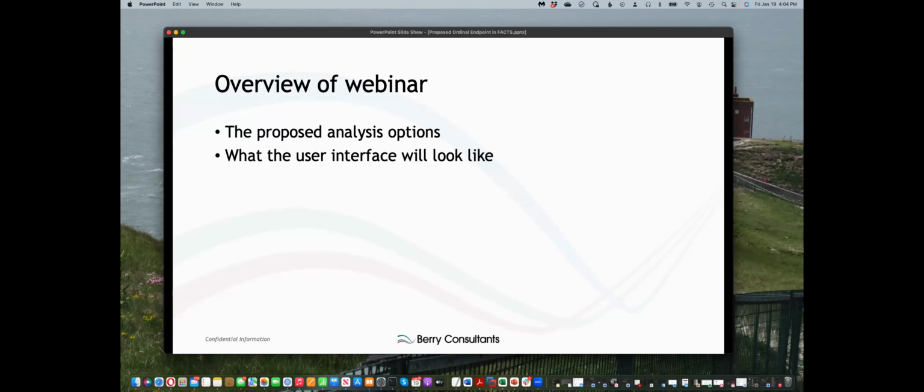How we're going to do this is Todd's going to talk about the statistics we're planning to implement, what those analyses will look like, and then I'll show you the work in progress on the user interface to give you another way of visualizing how this will look, and perhaps a little bit more concrete on how it'll feel to use.